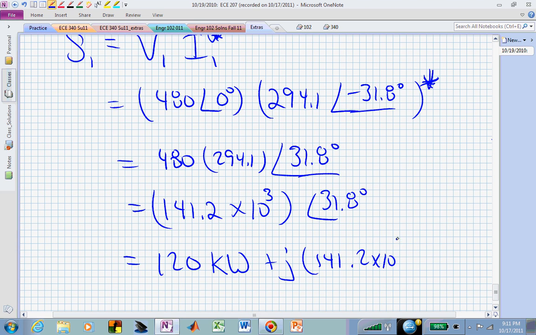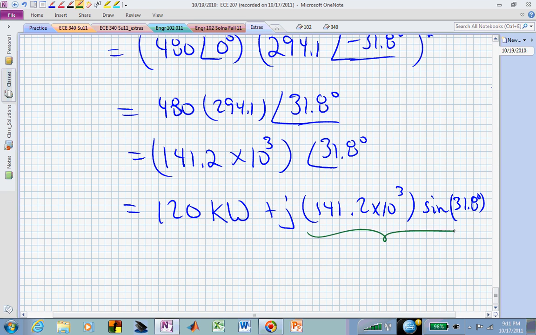plus J, 141.2 times 10 to the third sine of 31.8 degrees, and this now gives us the reactive piece of load 1, which was 74,368 VARs.